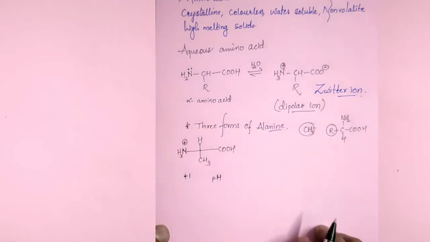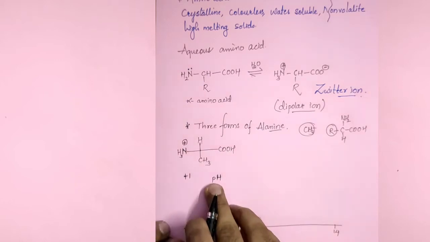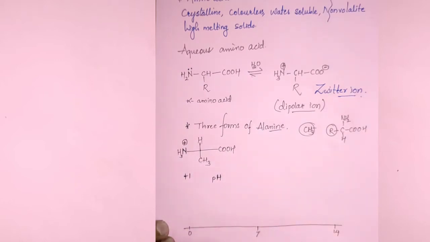What is pH? First of all, we will see what is pH. pH is a scale starting from 0 ending to 14. This is acid base scale. In between there is 7. The full form of pH is potential due to hydrogen ion.